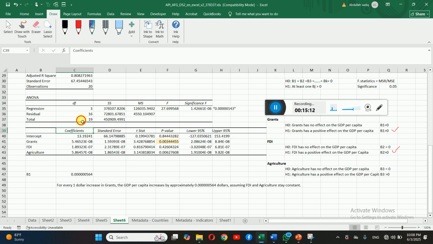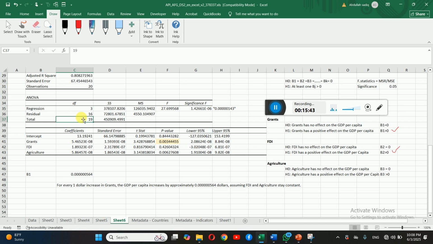For the degree of freedom, simply you can say how many coefficients or how many sample statistics are used in the data. Each sample statistic, like the mean or the coefficient, uses 1 degree of freedom. So the regression out of the total is using 3 degrees of freedom, and 1 degree of freedom is used by the average value. So that's why we have the total 19, and 3 degrees of freedom are used by the regression response.